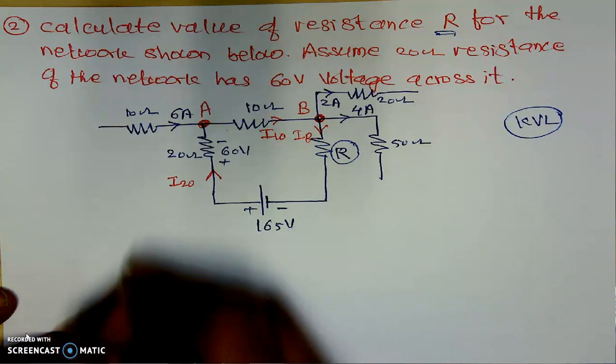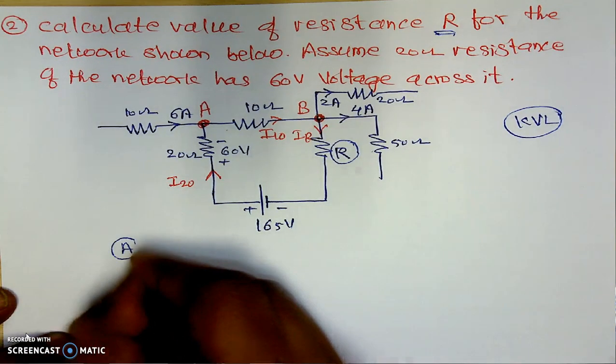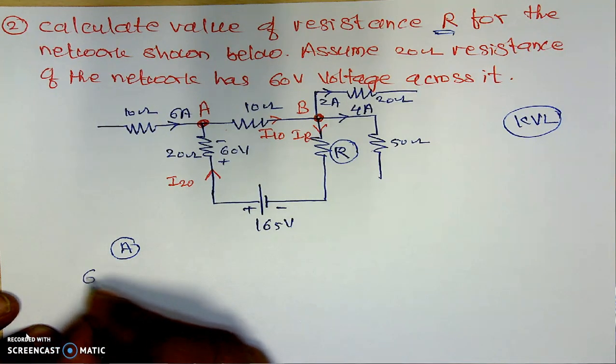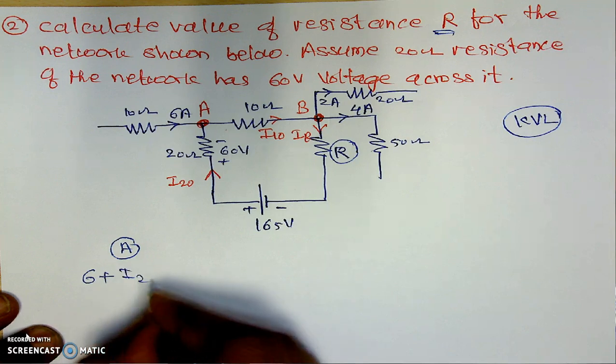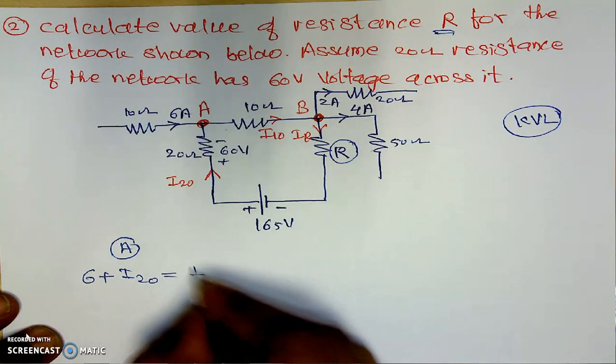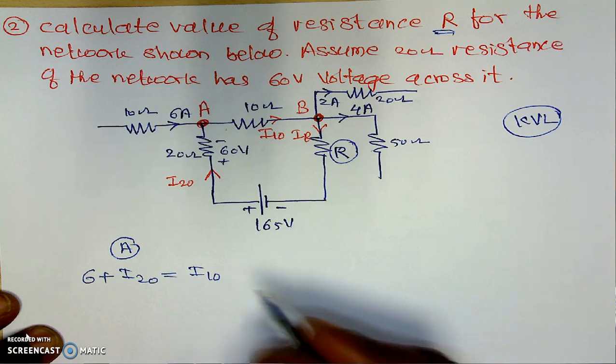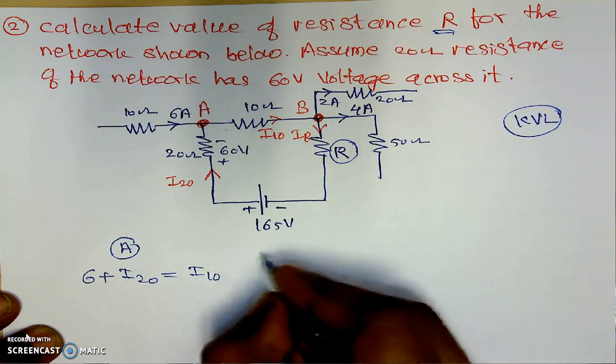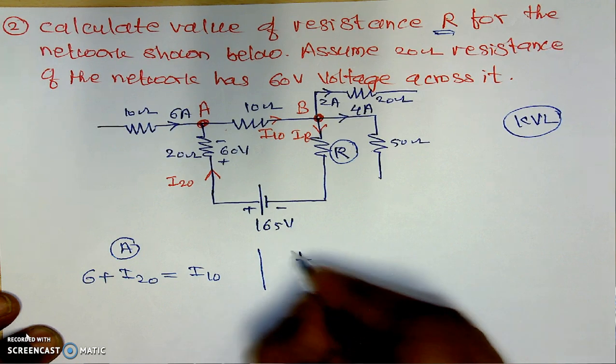First we will calculate the currents. If we are applying the KCL at node A, incoming currents are equal to outgoing currents, that is 6 amperes plus I20 is equal to I10. Here, two unknowns are there, I20 and I10. First, I will find out I20.